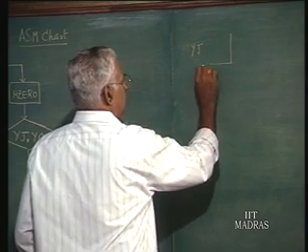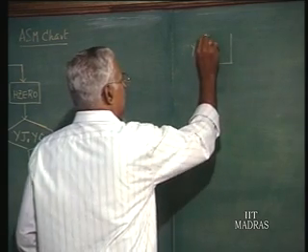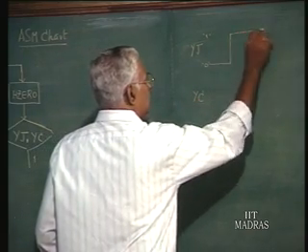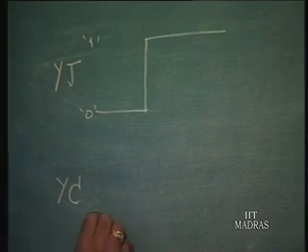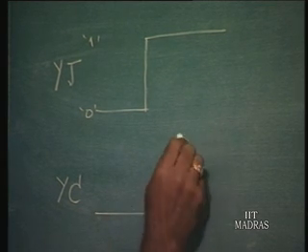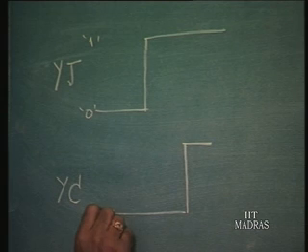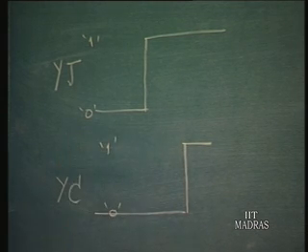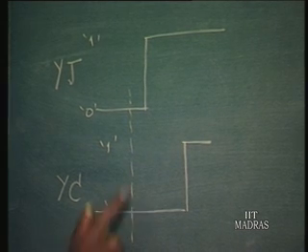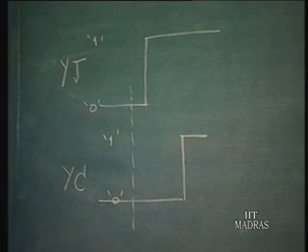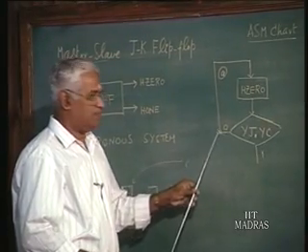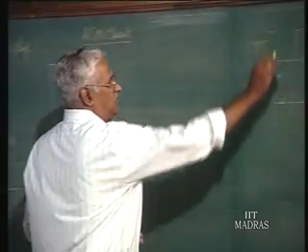Suppose this is the 0 level, this is the 1 level. Now, we just take a specific instant here. Yj, Yc both are 0. So, that corresponds in the ASM chart to this.